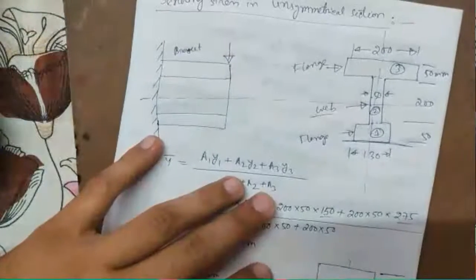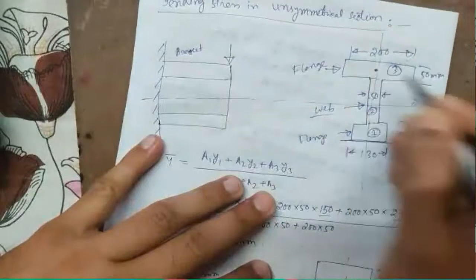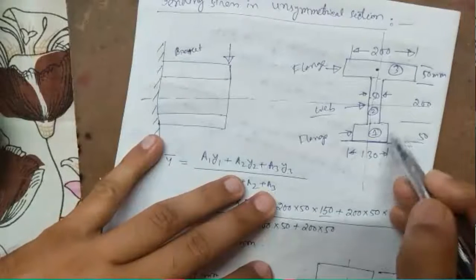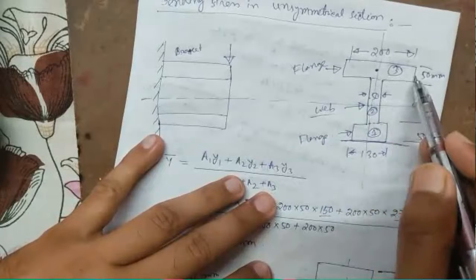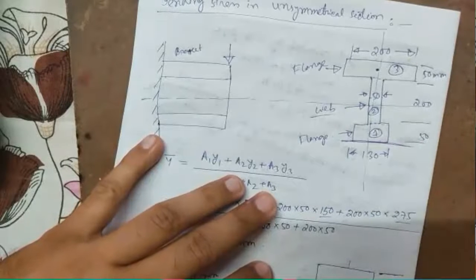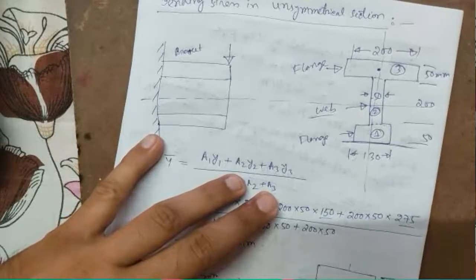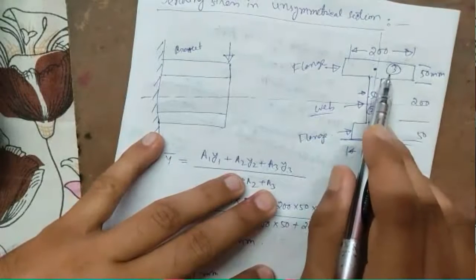In case of I3, look at this figure. The centroidal axis of section 3 will be here at a distance of 50 plus 200, 250, plus this will be at 25, so 275, and the neutral axis is at 166.51. So we have understood this. B is 200, D is 50 for section 3.